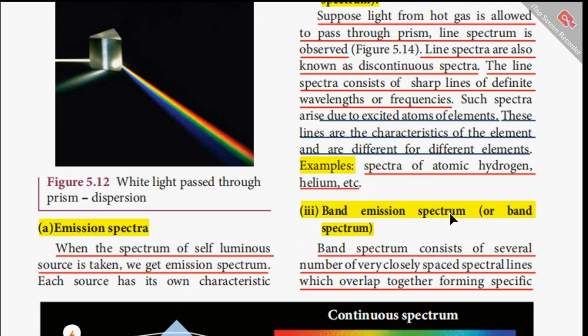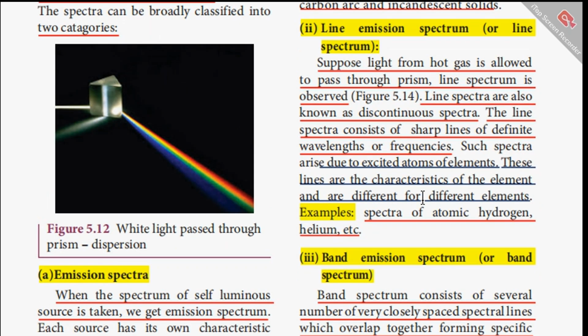Line spectra are also known as discontinuous spectra, and they consist of sharp lines of definite wavelengths or frequencies, and such spectra arise due to excited atoms of elements. These lines are characteristic of the element and are different for different elements. Examples: spectra of atomic hydrogen, helium, etc.